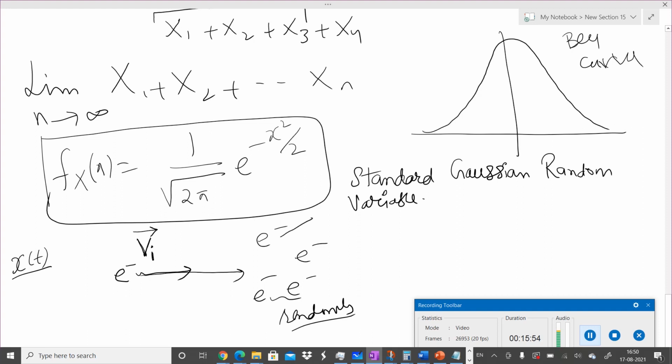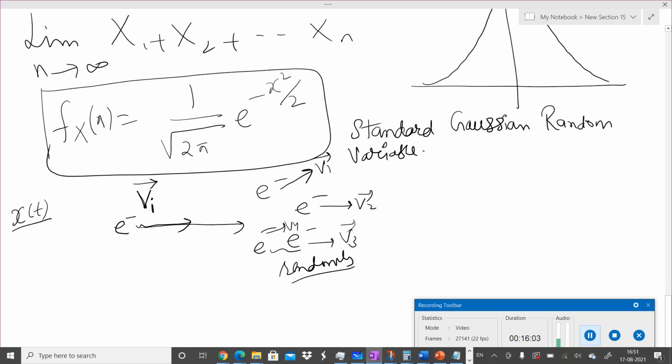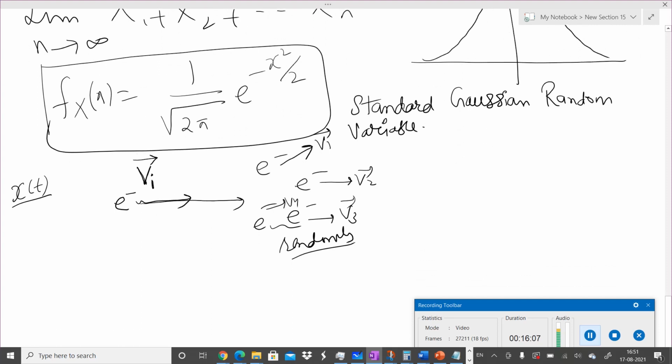And then there are these electrons, let their velocities be v1, v2, v3, v4. What will happen when they collide? So the resultant velocity will be vi plus v1 plus v2 plus up to vn. There are n electrons, right?